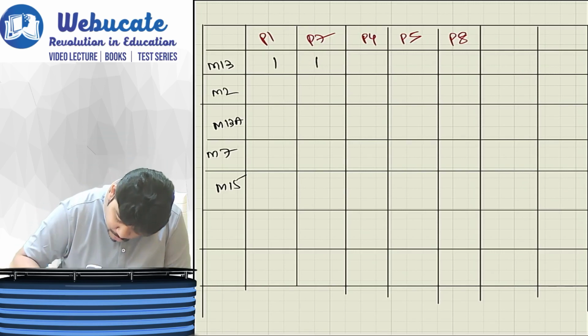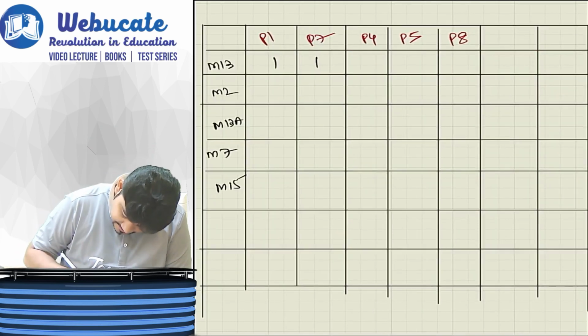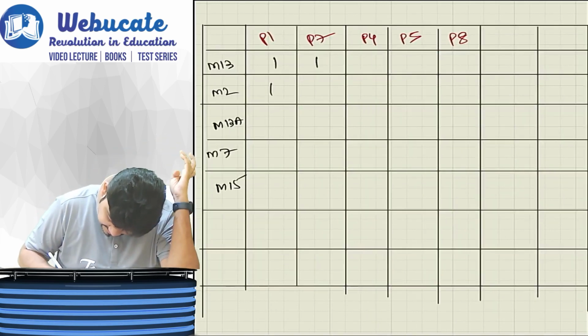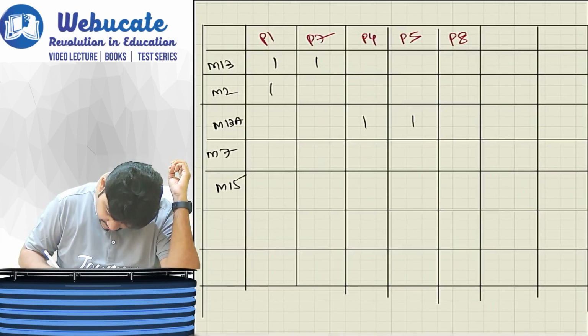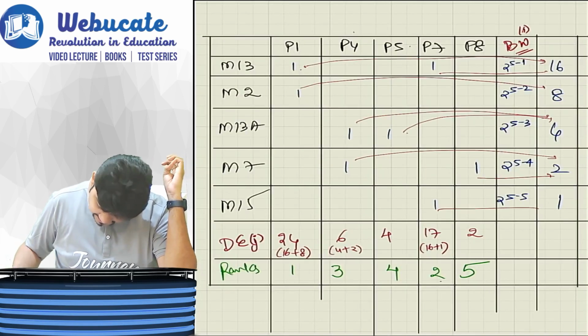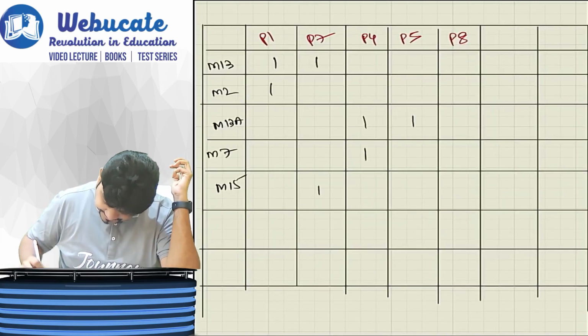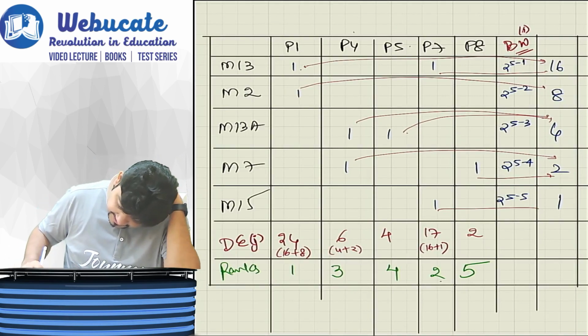Then we have M2: P1 only. Then M13A: P4 and P5. Then M7: P4. Then M15: P7. Then M7: P4 and P8.